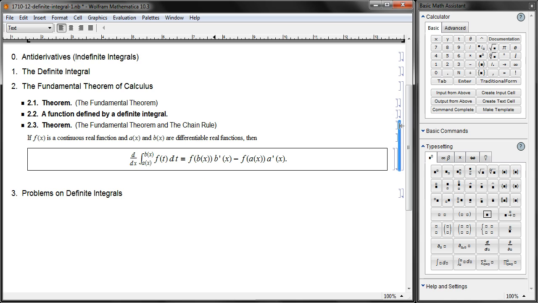And this one we're going to prove. Please remember this as a formula. The derivative of this definite integral from a of x to b of x, f of t dt, is equal to plugging in the top function times the derivative minus plugging in the bottom function times the derivative. Plugging the top, plugging the bottom, subtract from the other.